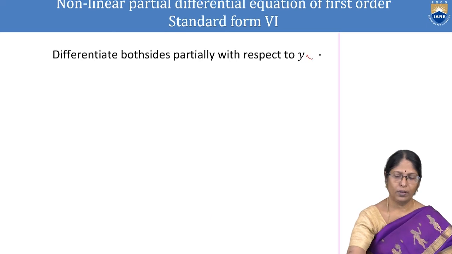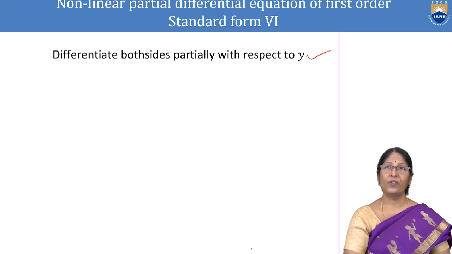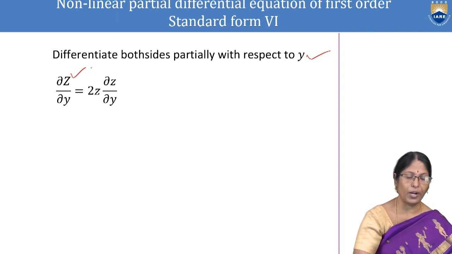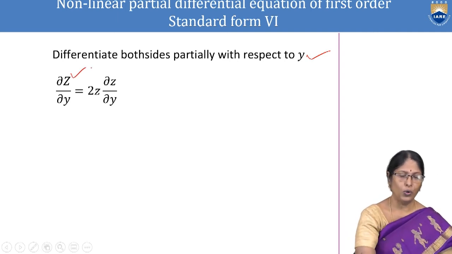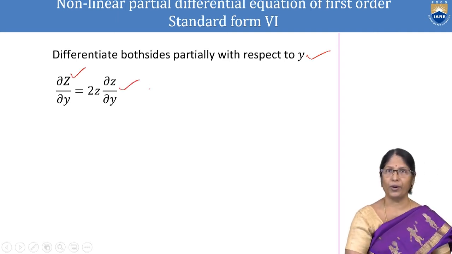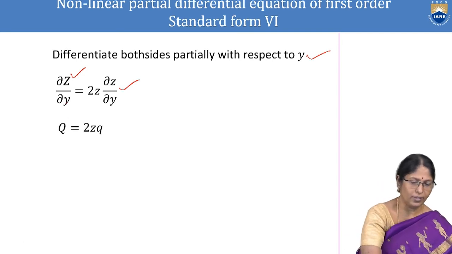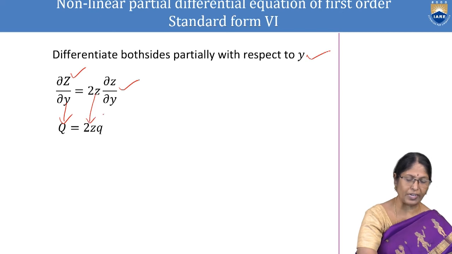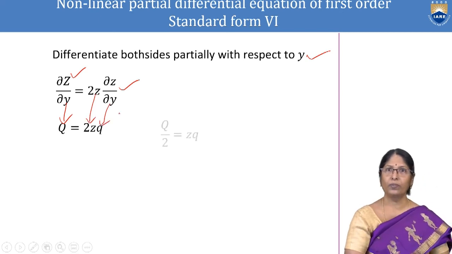Now, we differentiated both sides partially with respect to x. Now with respect to y: dou capital Z by dou y equal to 2z dou z by dou y. This is nothing but capital Q. This is 2z, written as it is. This notation is small q.